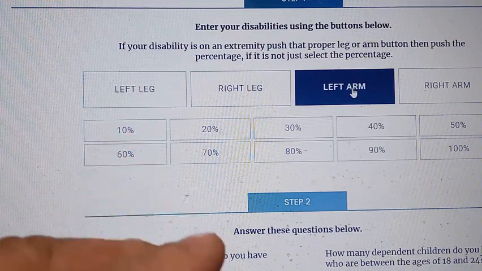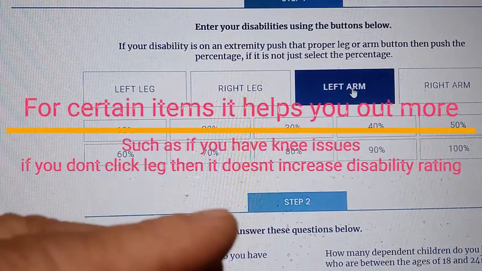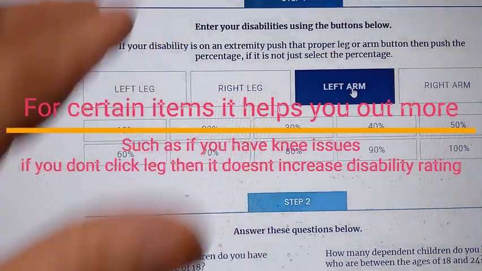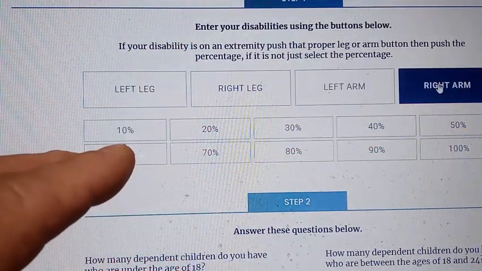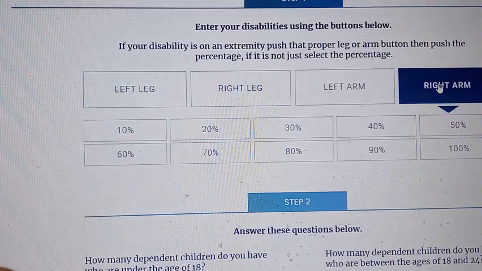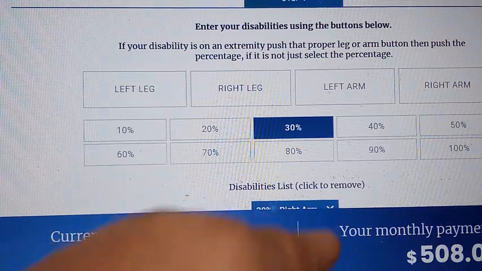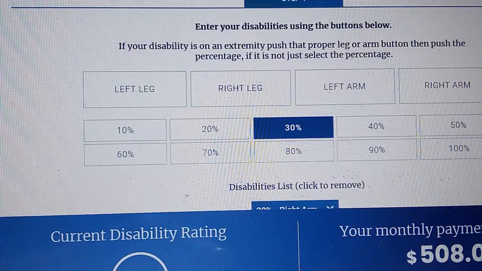I'm going to do it a little bit different than what it should be, but this will help explain to you. I got 30% carpal tunnel in my right arm, right hand. So I'm going to click right, I'm going to click 30.